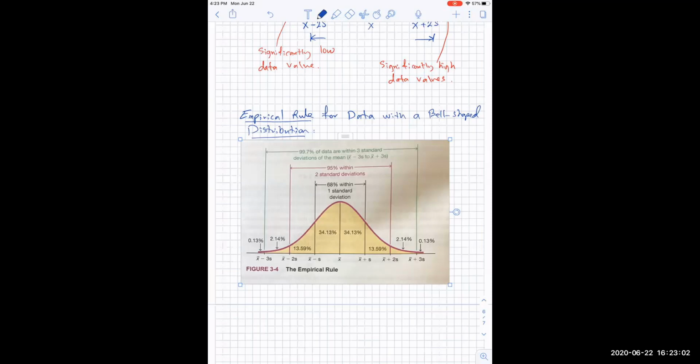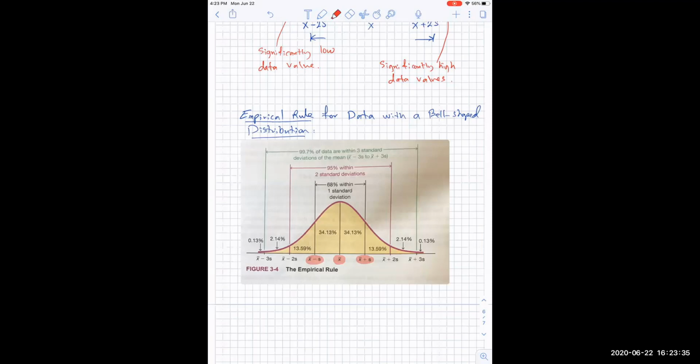If we look carefully under the bell curve at the distribution of our data values, you will notice the following. Look, guys, at the number line. This is the center. This is 1 standard deviation above the center, and this is 1 standard deviation below the center.